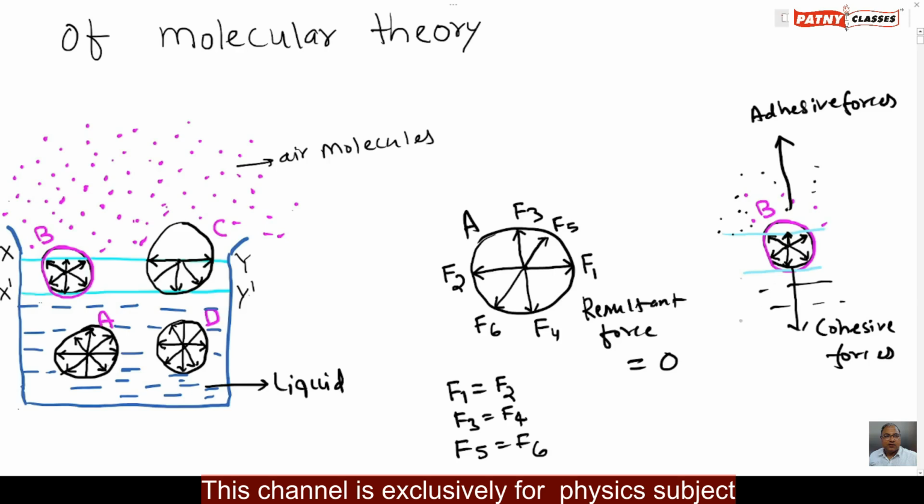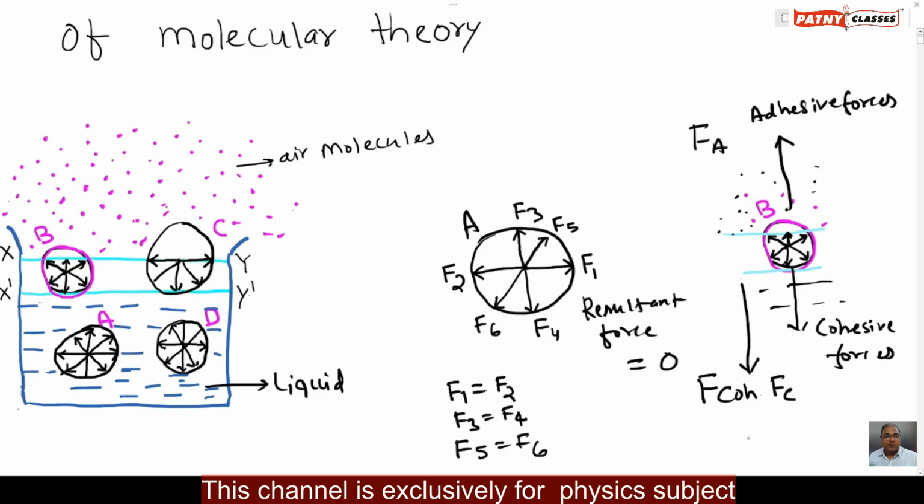So the force acting in the downward direction, that is the cohesive force, is larger. Let us call it FC, the cohesive force, and in the upward direction, the adhesive force, let us call it FA.